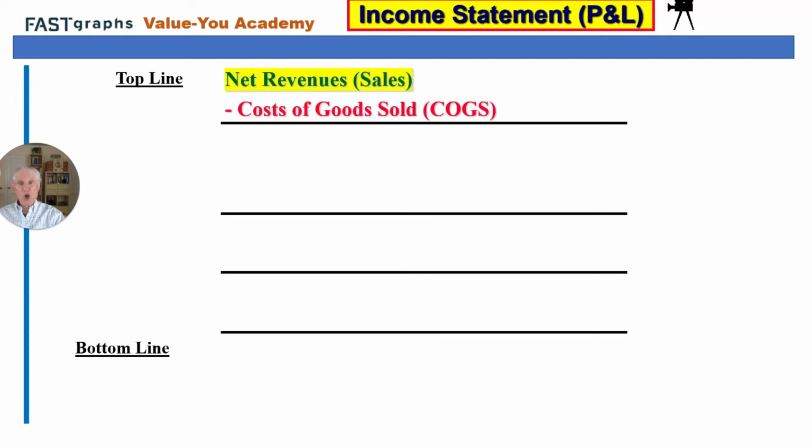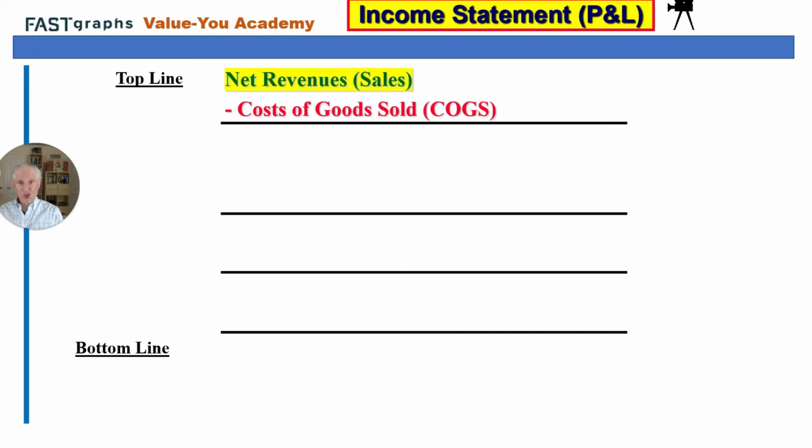Now, what were the costs to generate those sales? Cost of goods sold if you're a manufacturer, cost of sales if you're a retailer. What did it cost you to make it? Direct material, labor, overhead. What did it cost you to buy it from a vendor or supplier? Cost of sales.